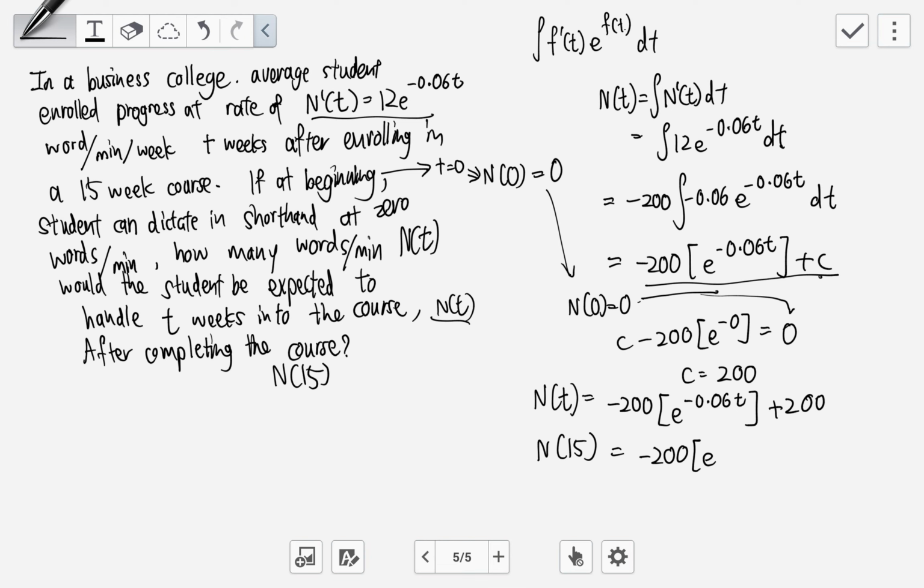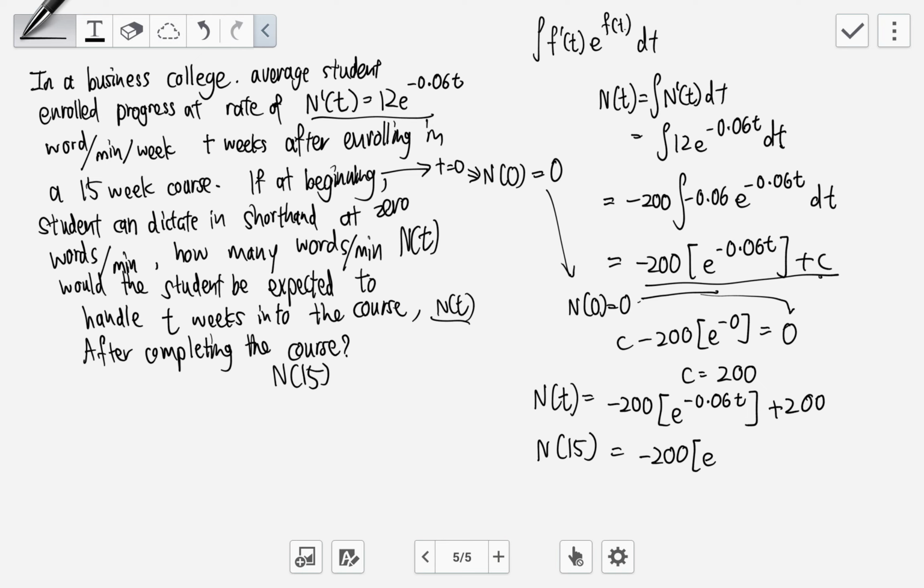As time goes by, this would be lesser and lesser. So in the beginning, this is 200. As time goes by, this would increase. That's strange, but let me try it out.